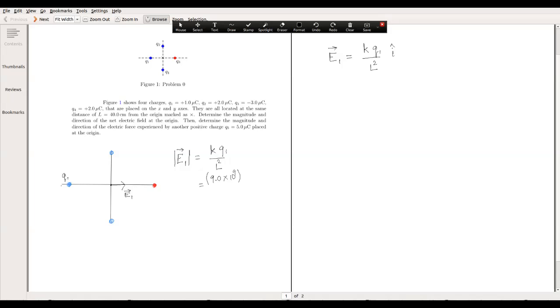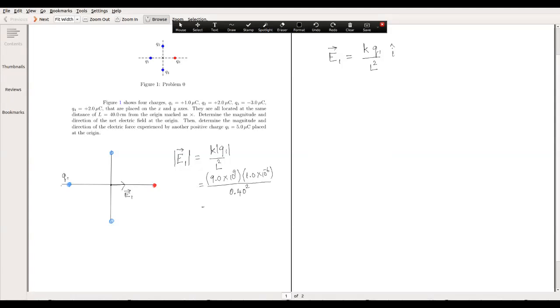Q1 is, we are doing the magnitude, so this is magnitude, 1.0 times 10 raised to minus 6 divided by the length square, where the length was 40 centimeters, which is 0.40 meters, and you square it.